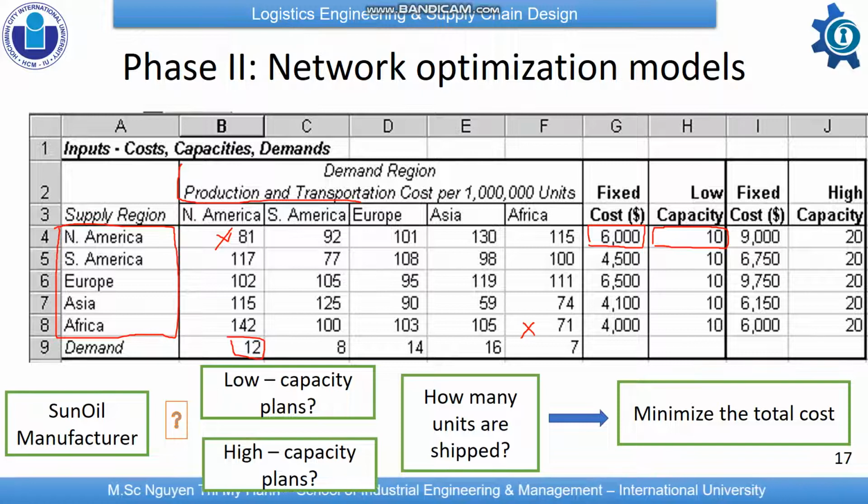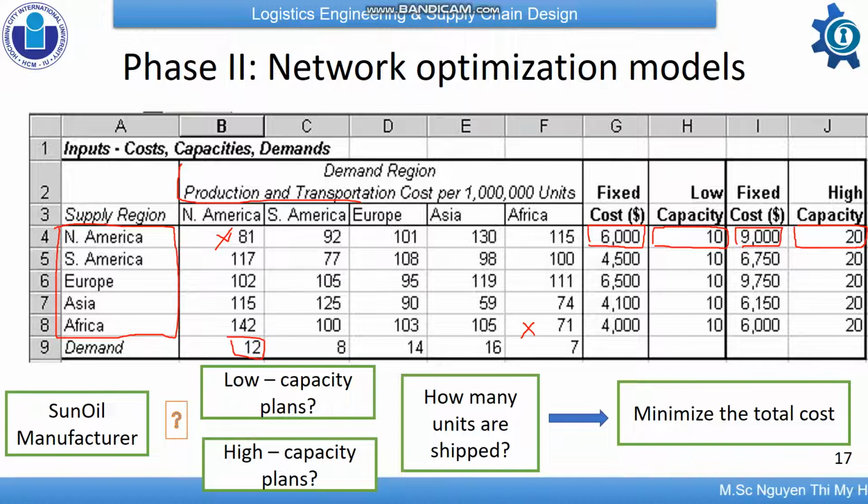And the capacity of the low capacity facility is 10 million units. And the same if we open a high capacity facility in North America, the fixed cost is $9,000. So please understand how to interpret and read those numbers in this table.